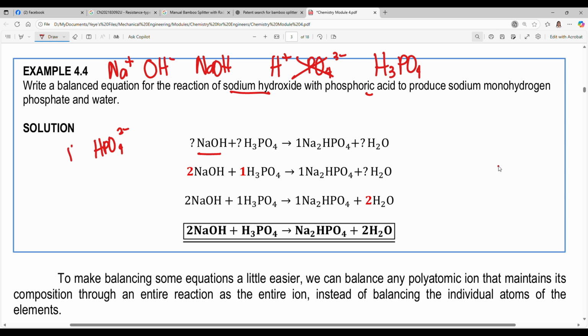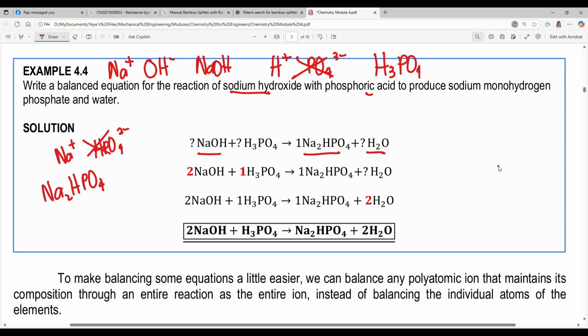And sodium, sorry, it's not hydrogen, it's sodium, positive 1. So we exchange, so it is Na2HPO4. Then of course water.